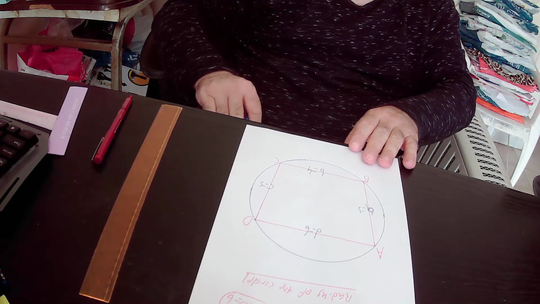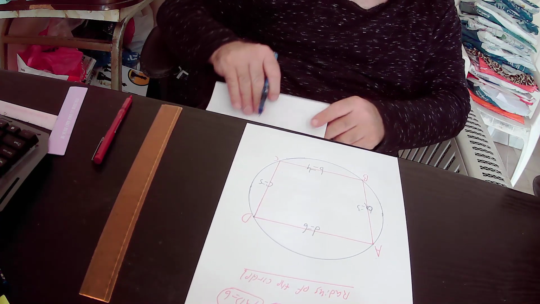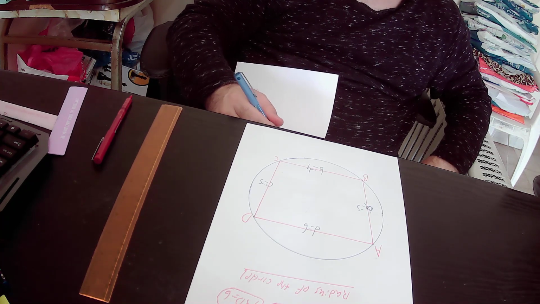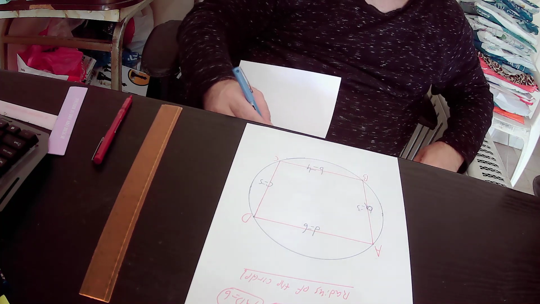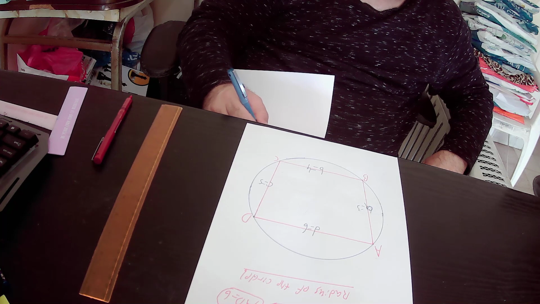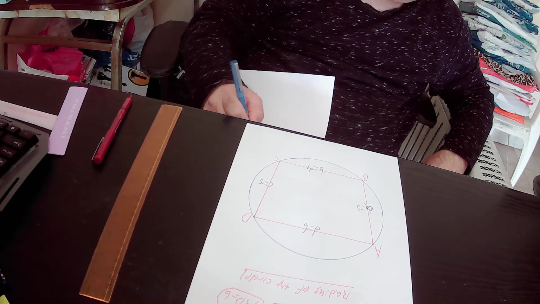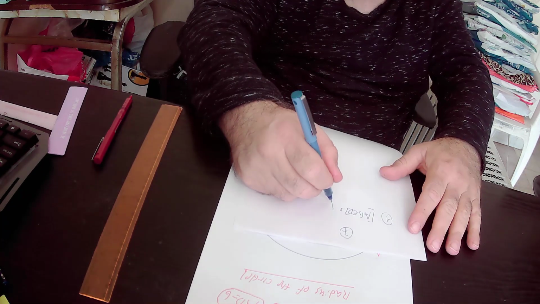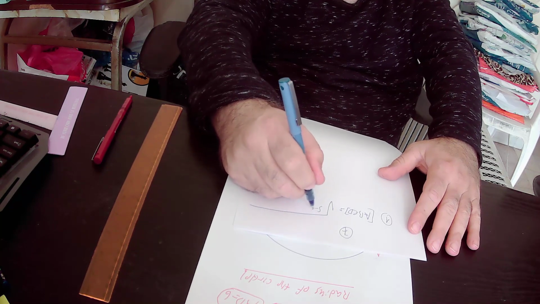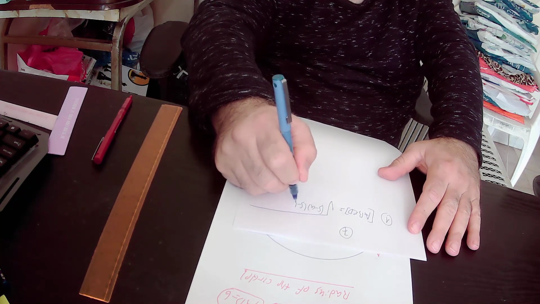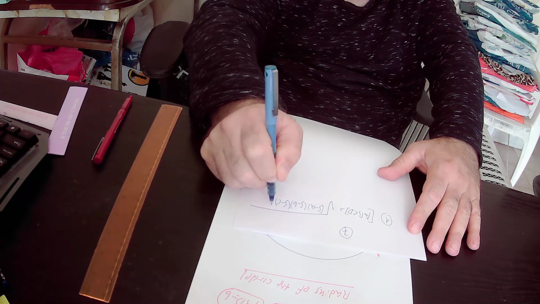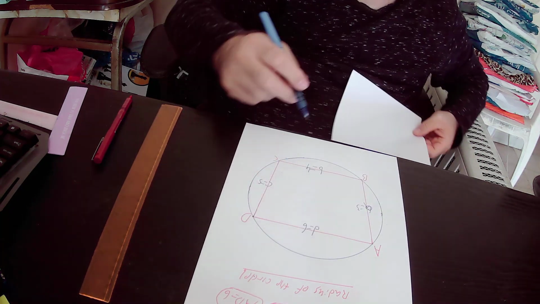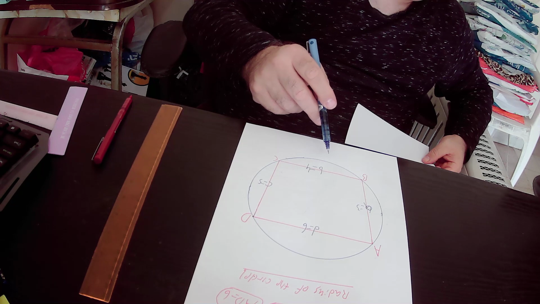So here, according to rule number 1, the area of this quadrilateral ABCD will be equal to the root of S minus A times S minus B times S minus C times S minus D, where A, B, C, and D are the lengths of the quadrilateral sides.